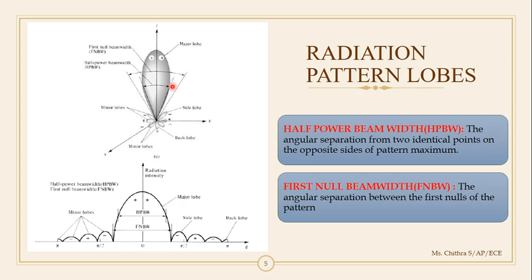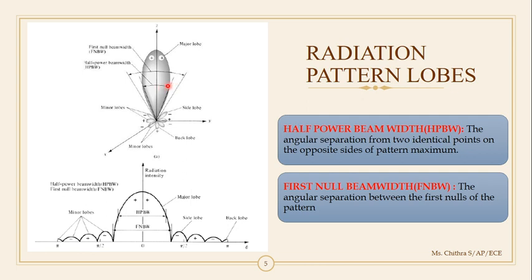So the half power beam width: from the peak point, I move 3 dB downwards, we reach two identical points. The angular separation between these two identical points is what we call to be the half power beam width, and at these 2 points we can observe when we do measurements that the power will be half of the maximum power the antenna radiates.